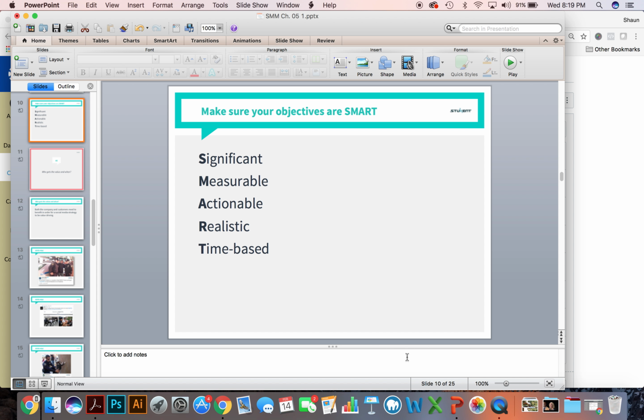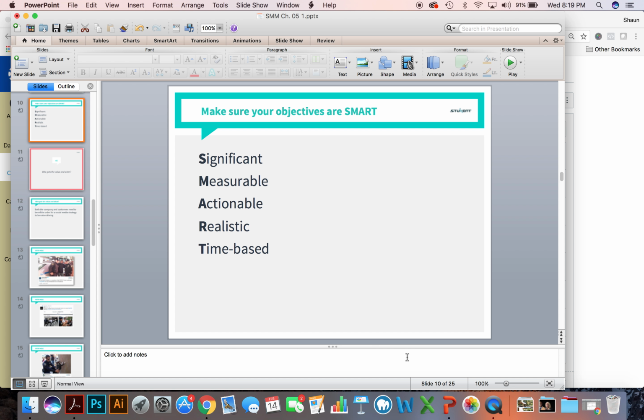The next, is it measurable? Again, this is why we did the audit for social media. This gives you an idea, when you're comparing yourself to your competitors and your peers, of what would be ideal numbers to measure against. How many comments should your post receive? What can you expect in your market?